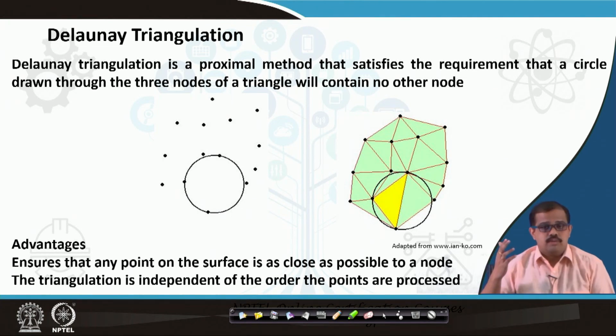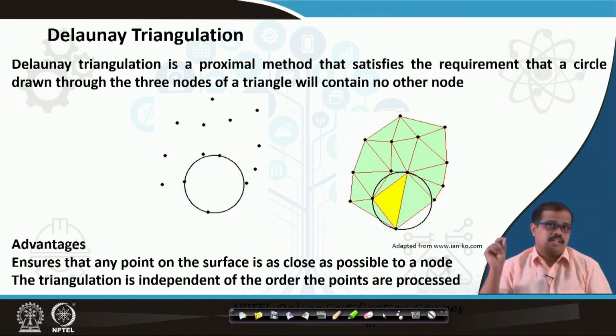There is another way of looking at the TIN model, which is Delaunay triangulation. Delaunay triangulation is a proximal method that satisfies the requirement that a circle drawn through the 3 nodes of a triangle will contain no other node. That is what it has to precisely tell you.